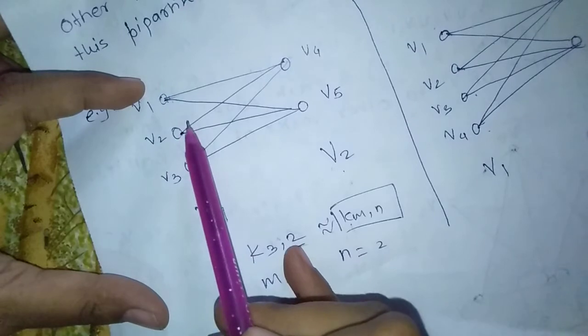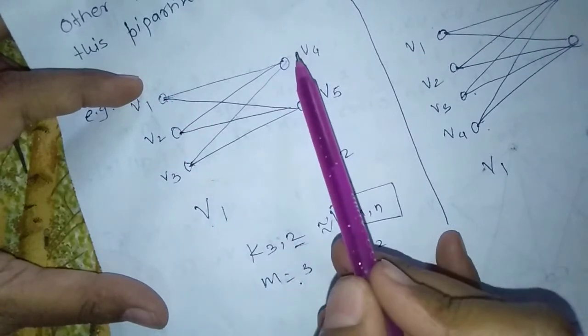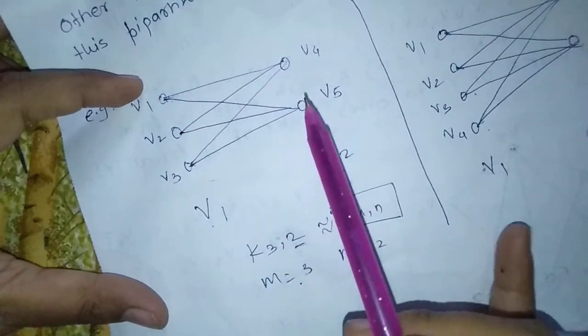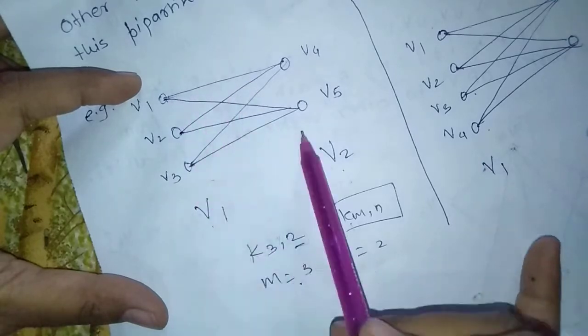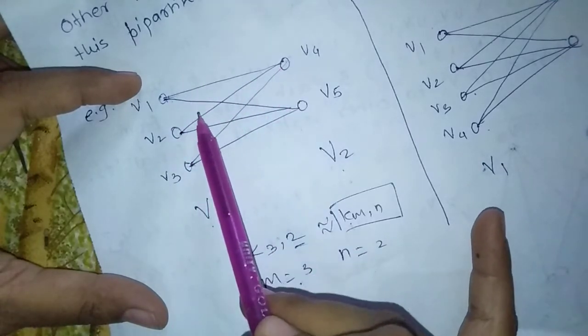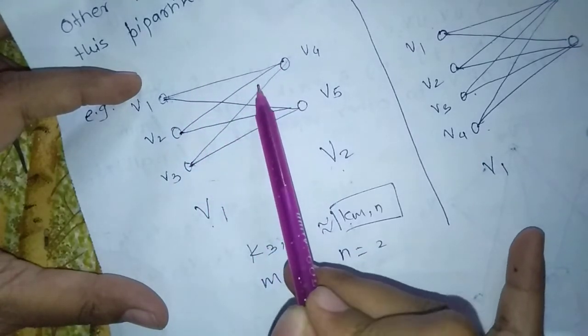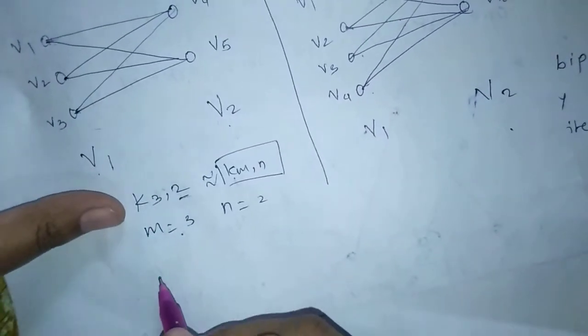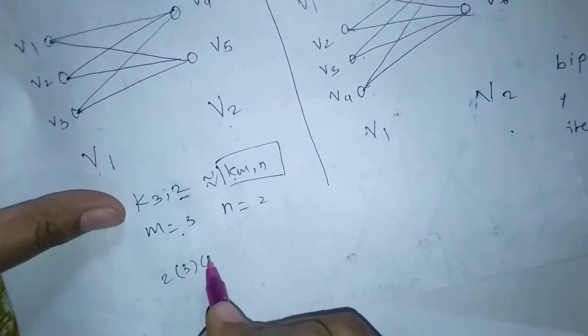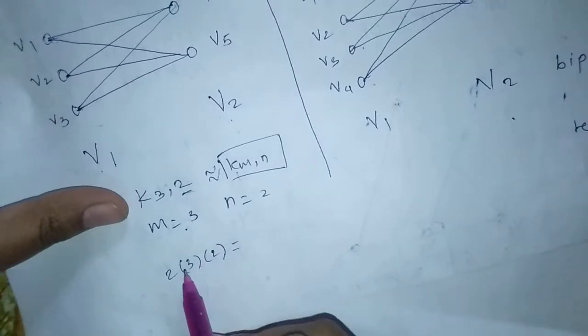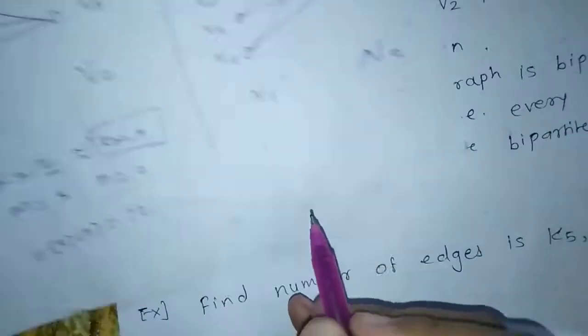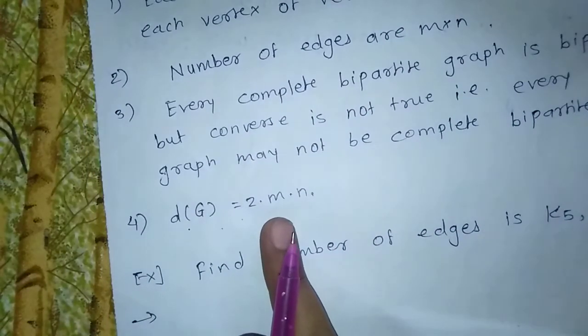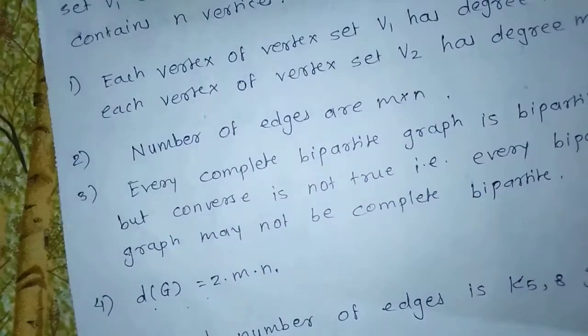Here V1, V2, V3 have degree 2, 2, 2 and V4, V5 have degree 3, 3. Adding the degree of each vertex, we get 12. Means 2 into 3 into 2 is equal to 12. So the degree of the graph is equal to 2 into m into n.